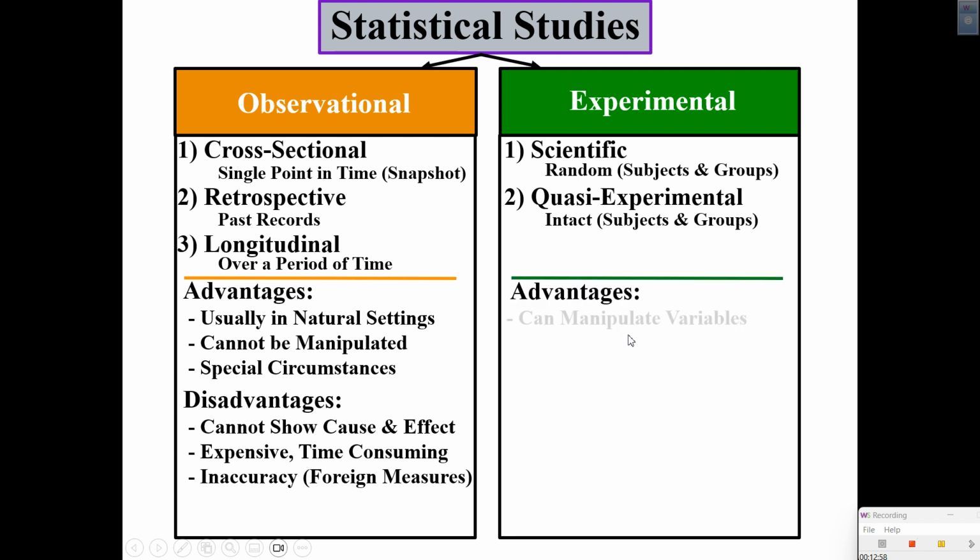Advantages. Well, you can manipulate the variables. Remember when I introduced the police unit in the back of the lights, I manipulated the outcome by introducing that variable for people to slow down. Second, you can measure cause and effect.